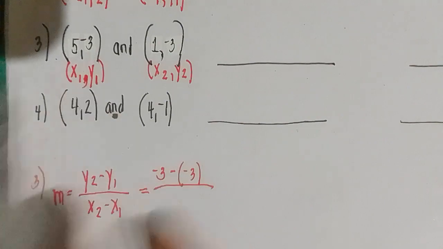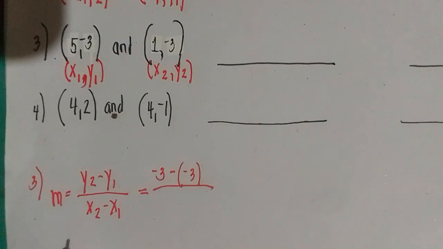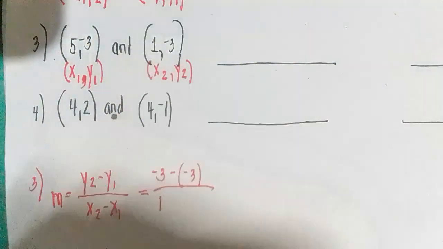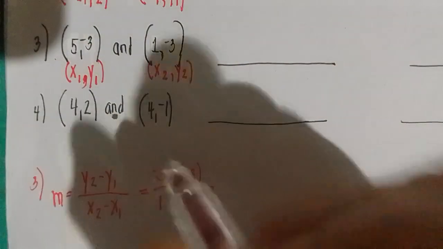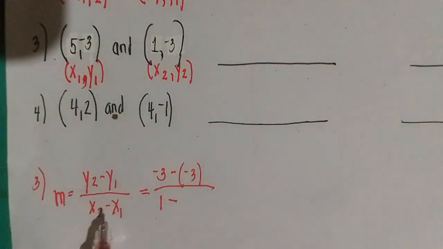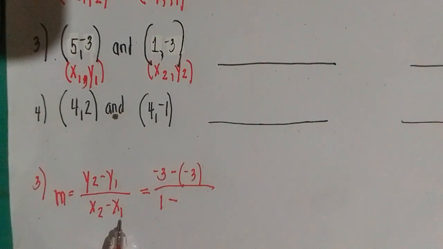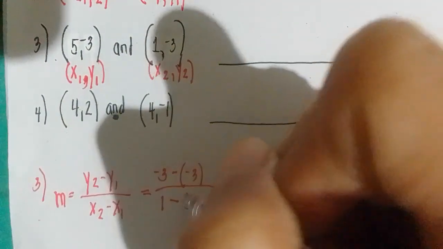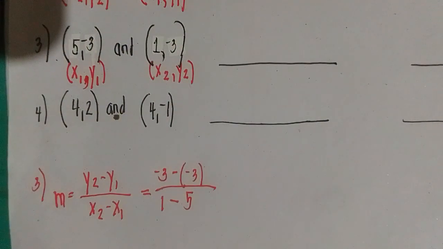Okay? Next, the denominator, x sub 2 minus x sub 1. X sub 2 here is 1. So write 1, followed by the minus sign from the formula, minus x sub 1. And our x sub 1 is 5, so write 5 as your second term in the denominator.